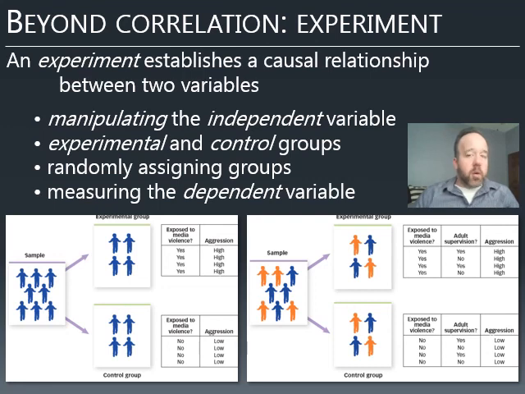Whereas before, it was just a correlation, and so there could be any number of causes. Here, you've kept everything the same between the two groups except for your one variable, your manipulation, their exposure to violent programs. And by randomly assigning the groups, you've, again, averaged away other sources of variation, other causes for the dependent variable.